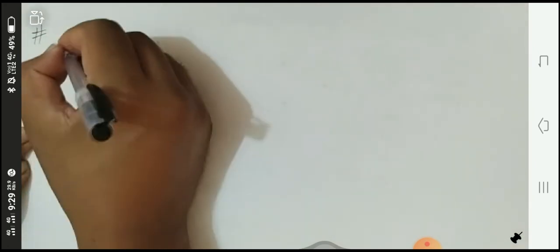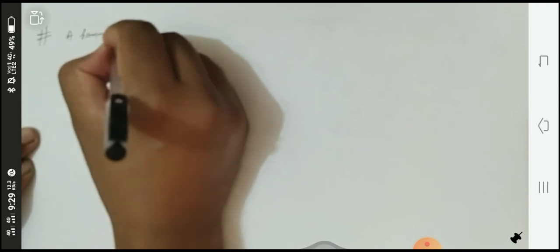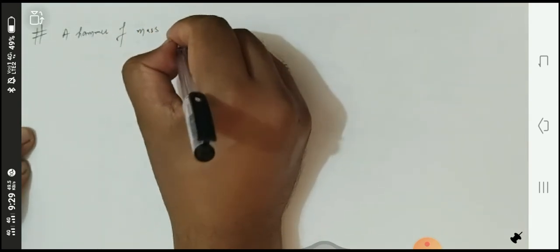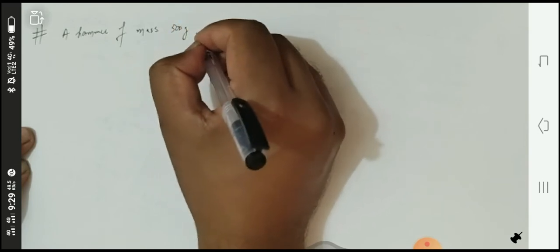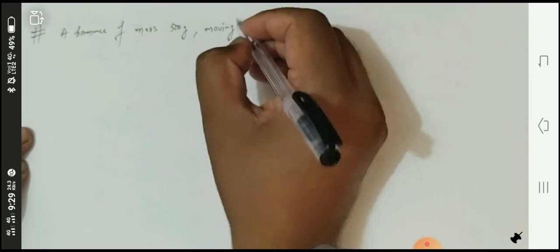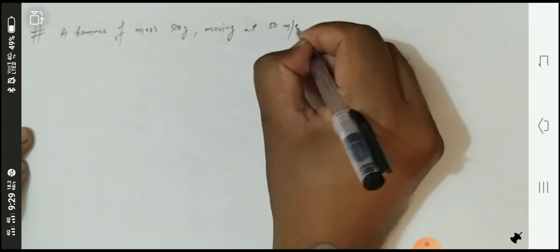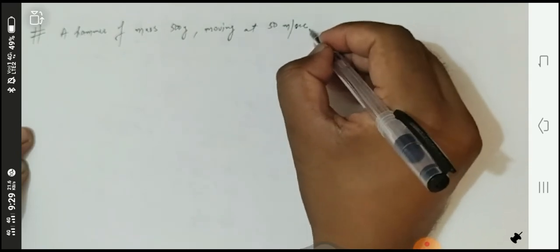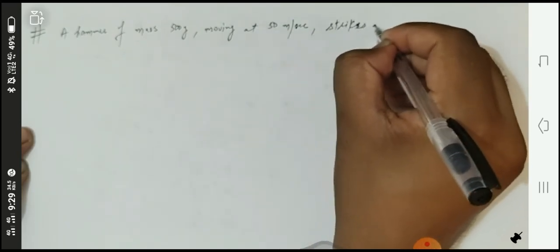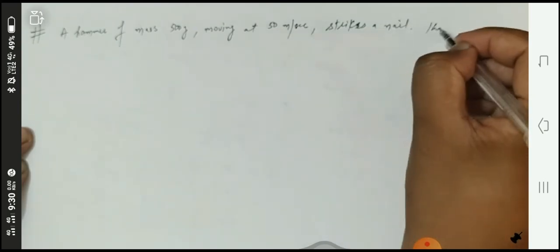The question is, a hammer of mass 500 gram moving at 50 meter per second strikes a nail.